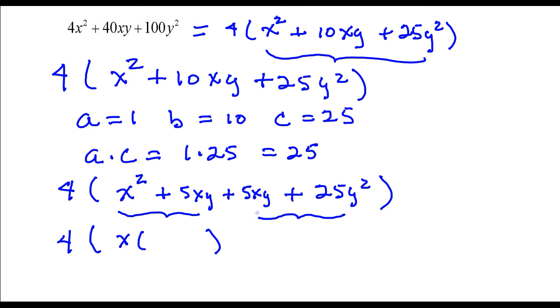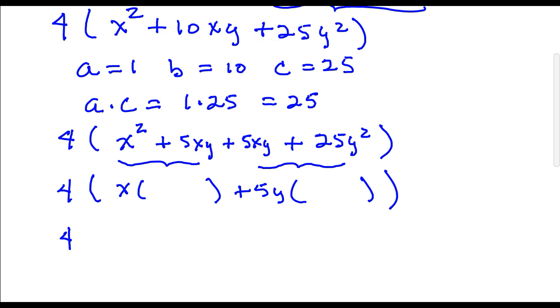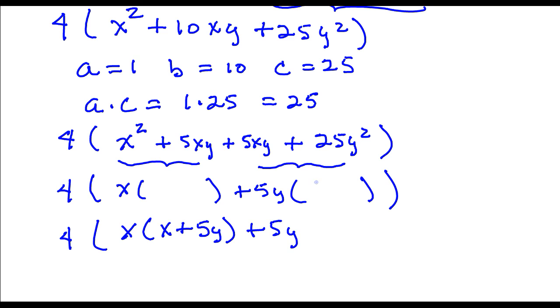And the greatest common factor of the last two terms, that's going to be a 5y. Okay, so if I factor x out of the first two terms, I'm left with x plus 5y. And if I factor a 5y out of the last two terms, that leaves me with an x plus 5y also.